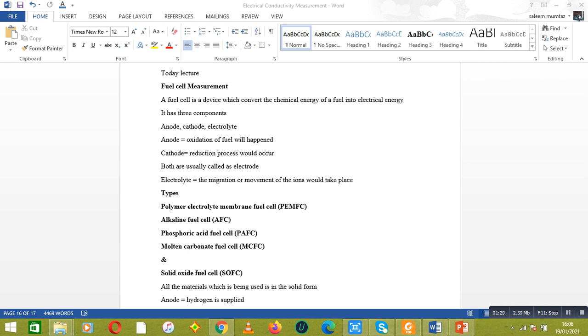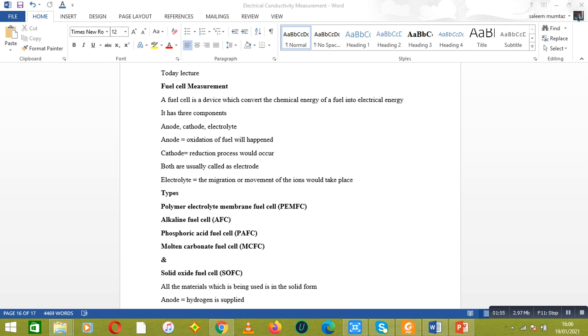Usually, we supply oxygen or air towards the cathode, so the reduction process will take place, and both of these are called electrodes. And the electrolyte is sandwiched between these two electrodes, in which the migration or movement of ions would occur.